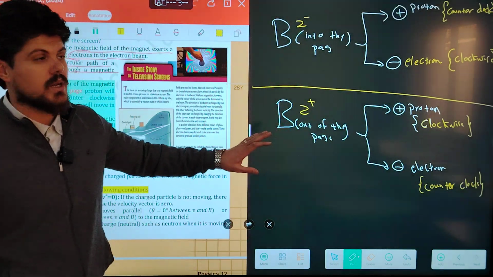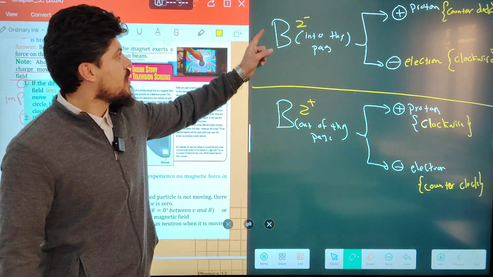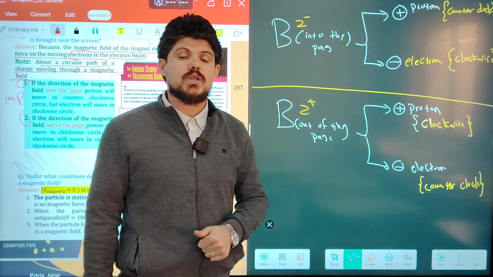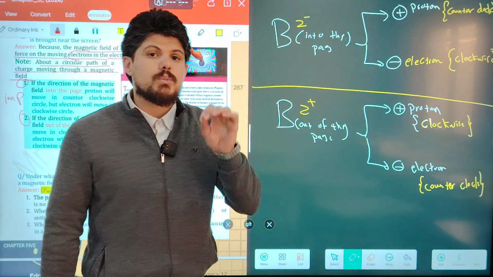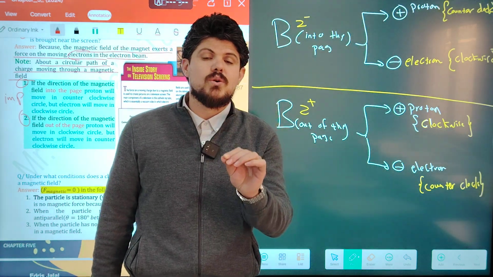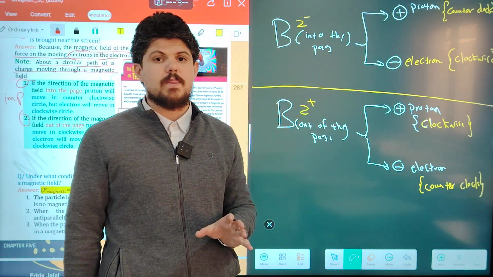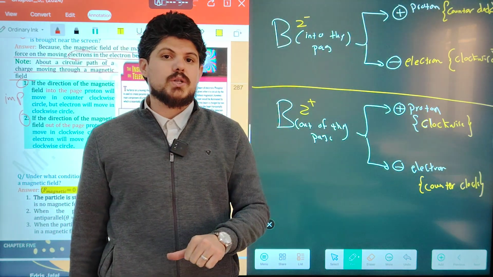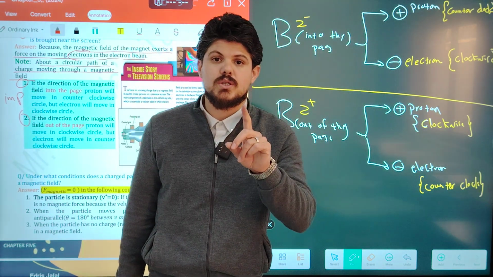So this note is very important, guys. Once again, listen carefully. When the magnetic field is directed into the page, Z negative, the proton, positive charge, will move in a counterclockwise direction, but the electron moves in a clockwise direction. Let me ask you a question.